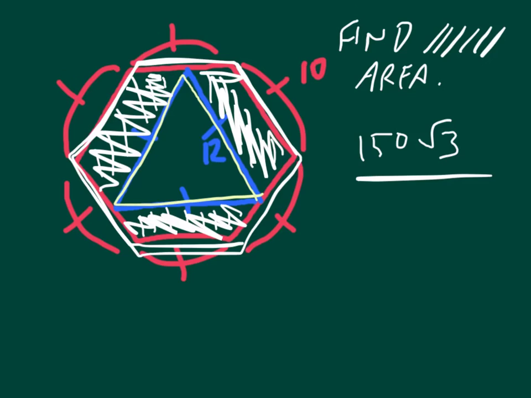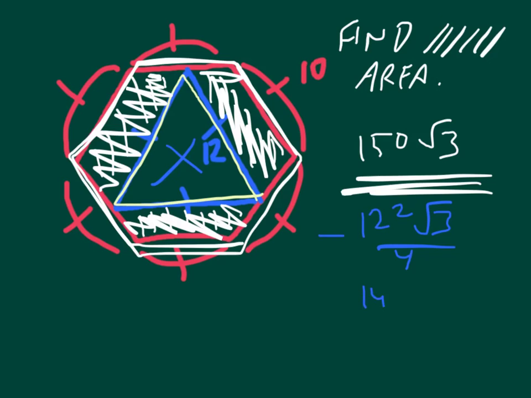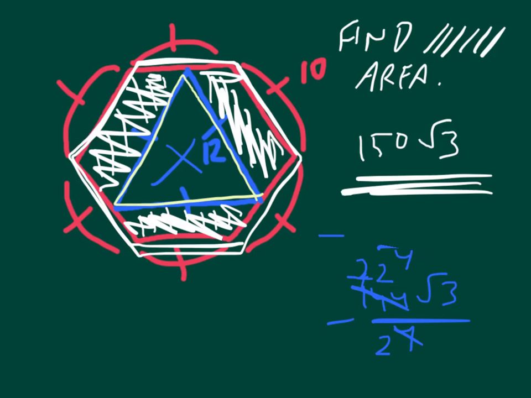You might say it's 150 √3, but that doesn't make sense, because you want to subtract out that area on the inside. So let's subtract out side squared √3 over 4. That side is, in our problem, 12. And so that's 144 √3 over 4. What is that? 144, so 72 over 2, maybe 36. It's 36 √3.